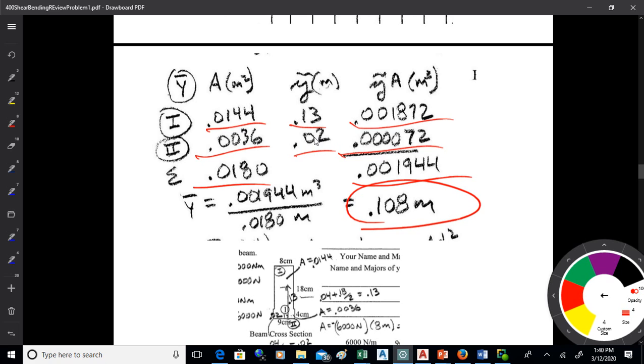For this you want BH cubed over 12 for each one of the two pieces, plus AD squared. A is just the area, we've got that. D is the distance from the neutral axis at 10.8 to the centroids of the areas, and you square the distance.